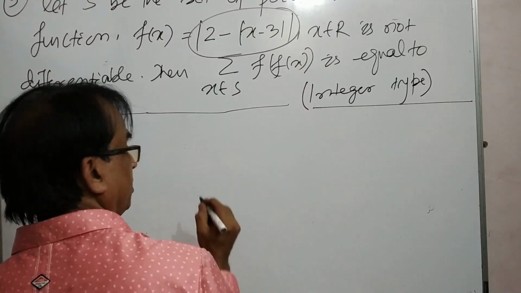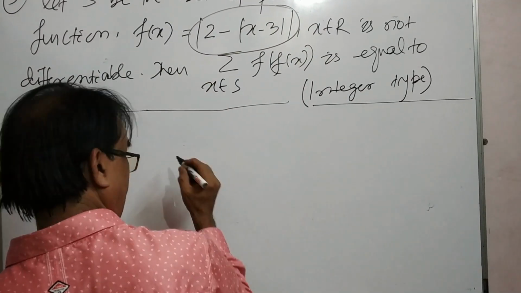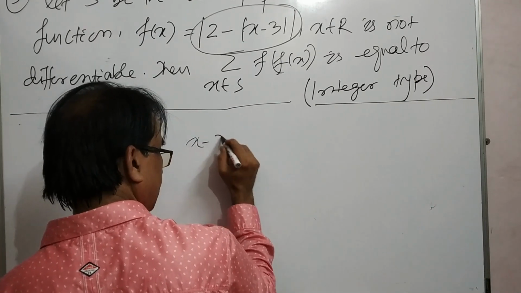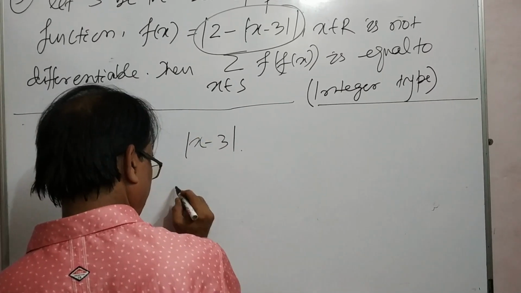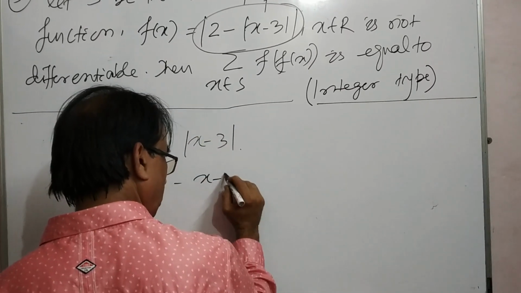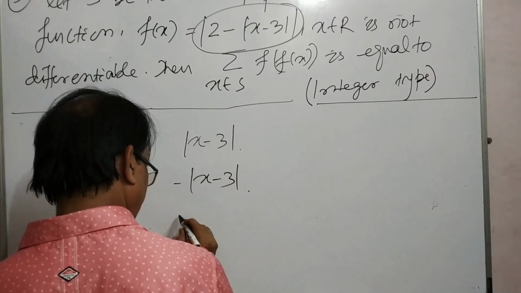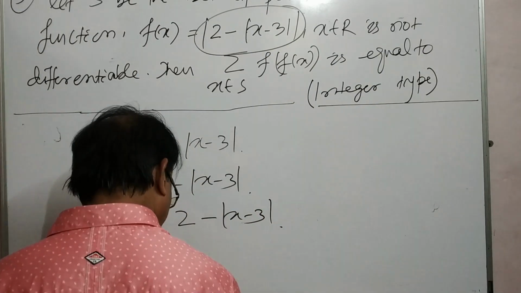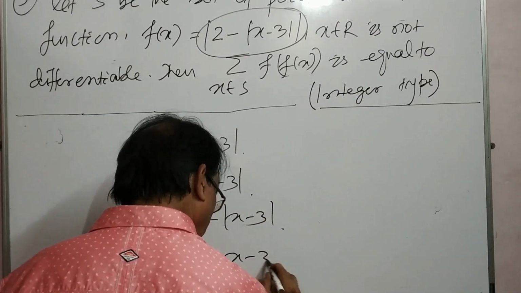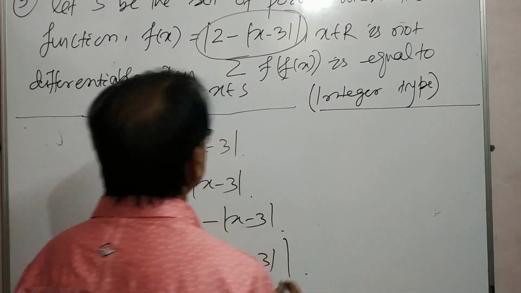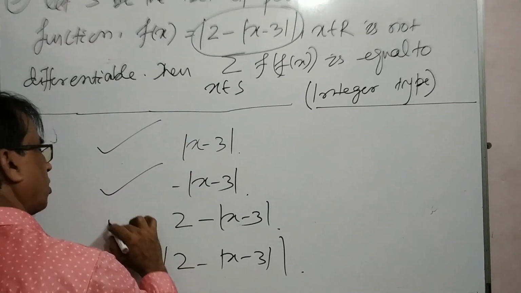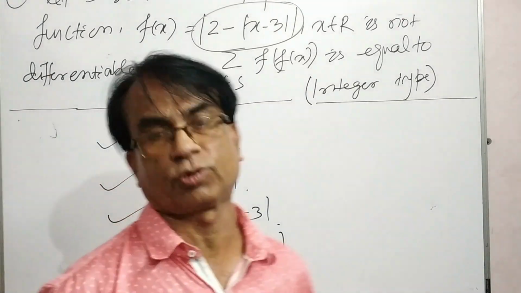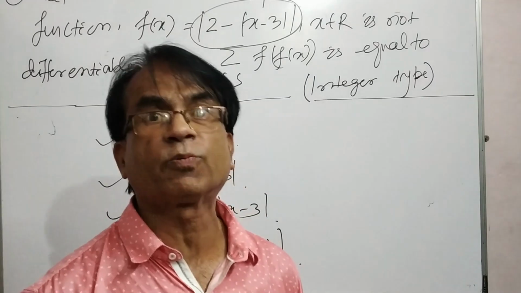Now here, what type of graph is drawn? First of all, mod of x minus 3, then minus mod of x minus 3, then 2 minus mod of x minus 3. These graphs are to be drawn in one graph set, and that is called transformation of graphs.